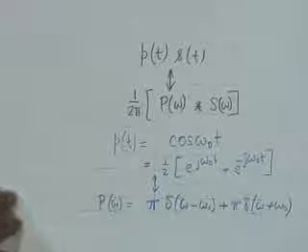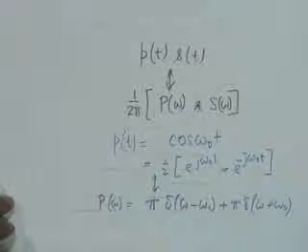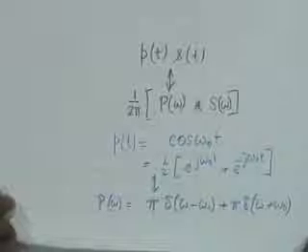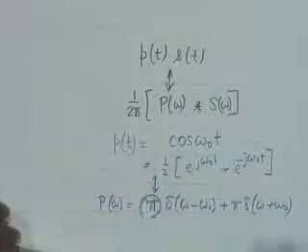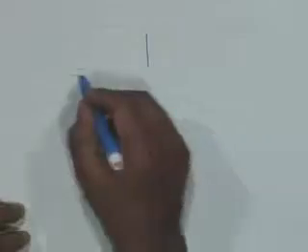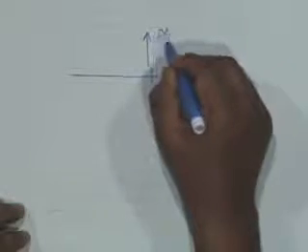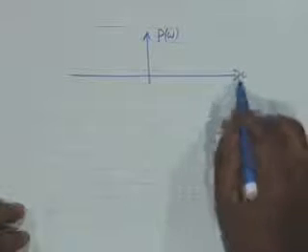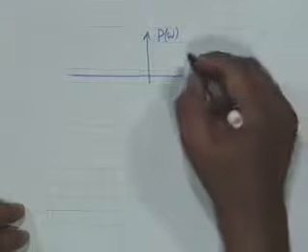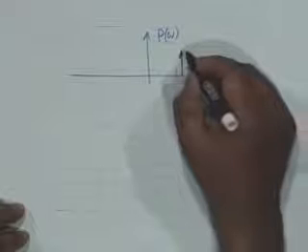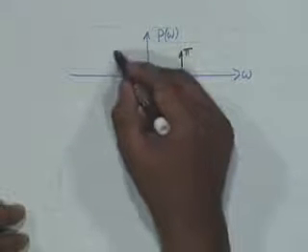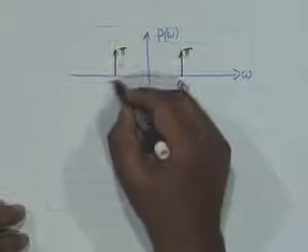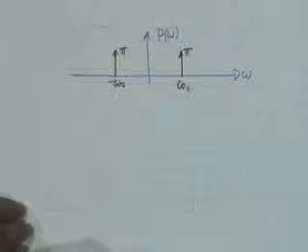In other words, it contains two impulses at omega equal to plus omega naught and omega equal to minus omega naught, each of strength pi, and therefore pictorially our P of omega versus omega is simply an impulse of strength pi at omega 0 and an impulse of the same strength pi at omega equal to minus omega 0.